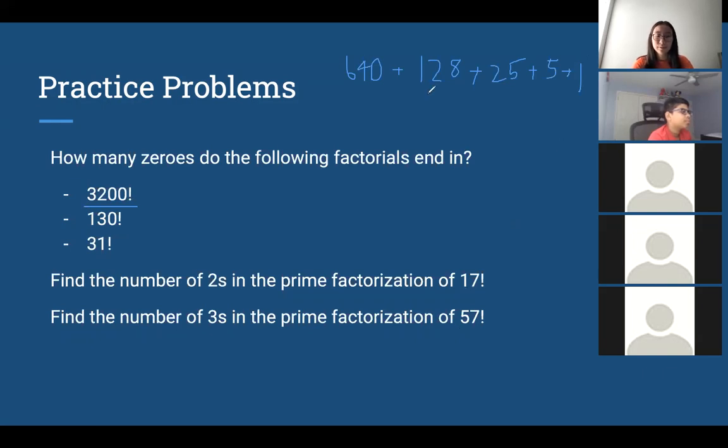And then we sum up all of those numbers. And what do we get? We get 799. So that's how you do it. And then you just apply the same thing to the other ones. Those are smaller numbers. Okay, so go ahead and try applying that same strategy to 130 factorial and 31 factorial.